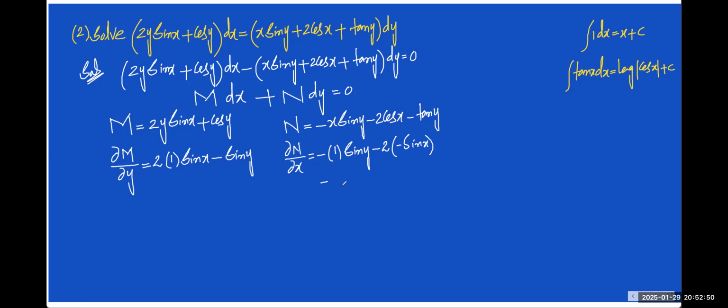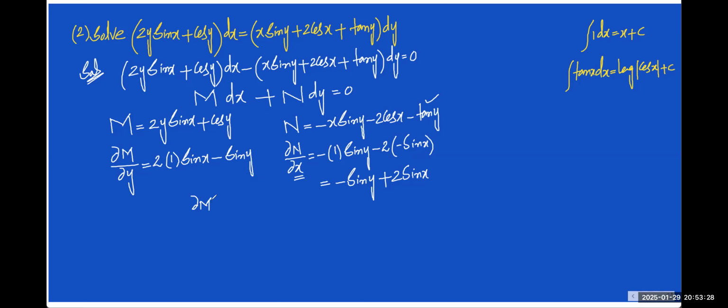So our answer is minus sin y, minus into minus plus 2 sin x. Any doubt? How did tan become 0? Because we are differentiating with respect to x and here we don't have any x term. With respect to x, the terms not containing x become 0. Okay, I got you. So both values are the same: 2 sin x minus sin y, minus sin y plus 2 sin x, which definitely satisfies the condition of exactness.